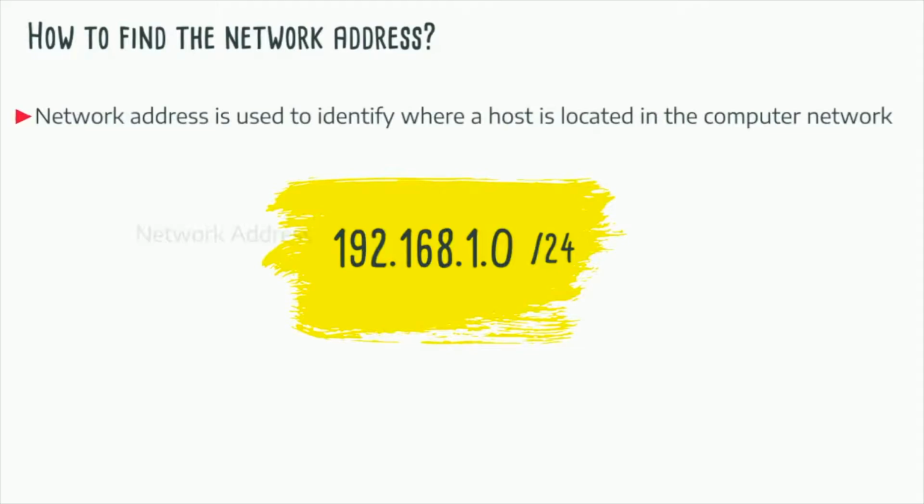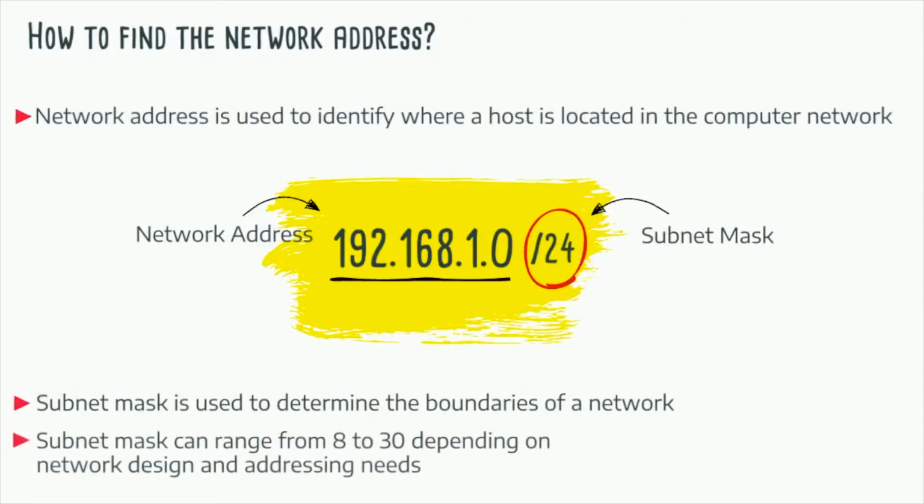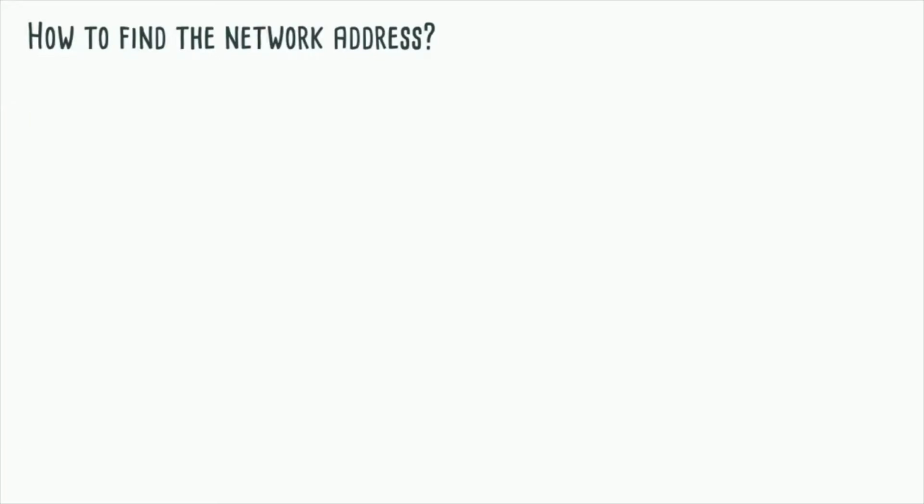The /24 in the address is the subnet mask for this network. A subnet mask is used to determine the boundaries of a network. This number can change depending on how the addressing scheme is designed. For example, the subnet mask for network A can be /24, and the subnet mask for network B can be /28.